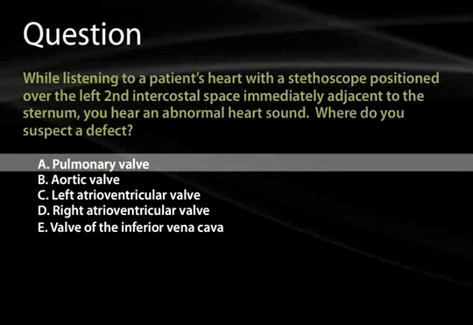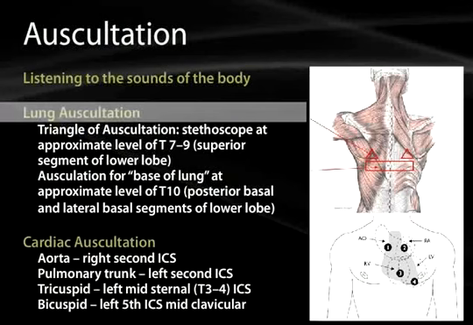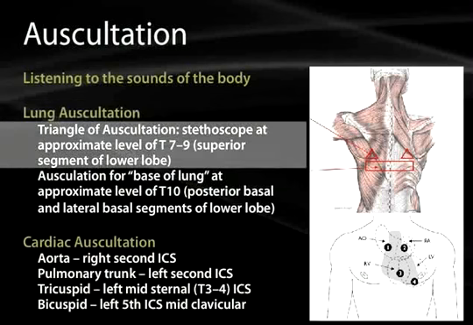Along with lungs and heart, we're wanting to think of the auscultation sites. This is going to be high yield material for the board, so please make sure that you spend some time with it, and we'll talk about them in a few moments. When you think about auscultation of the lungs, there's a couple spots that you want to think about.